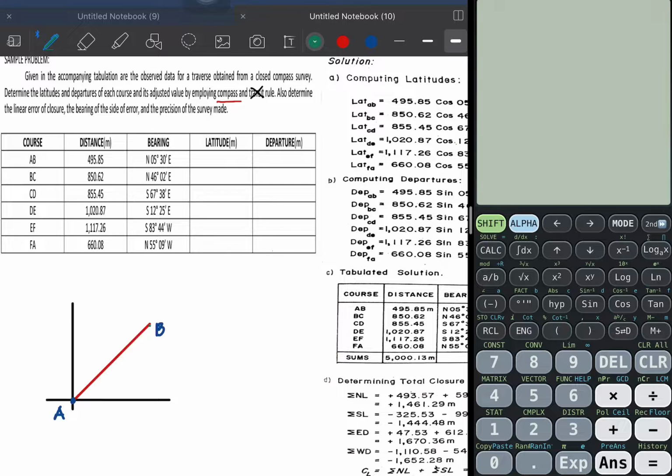For this line, this is your latitude. And for this line, this is your departure. And then you have your bearing.